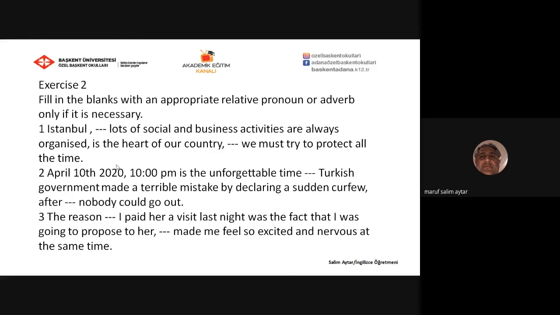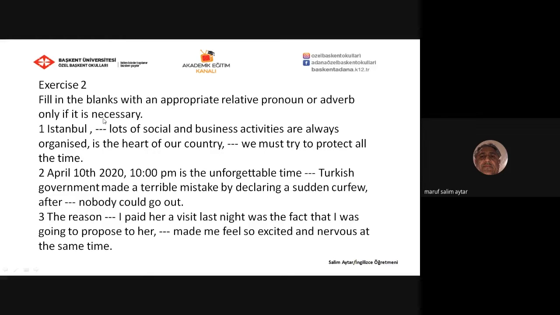Okay. Can you fill in the blanks with an appropriate relative pronoun or adverb only if it is necessary? That means to say, if it is not necessary, don't use any of them. Istanbul, see, non-defining, huh?